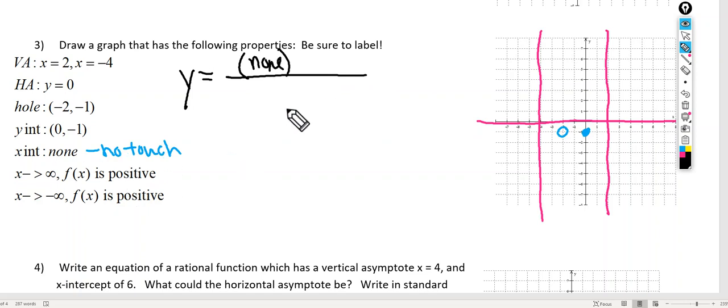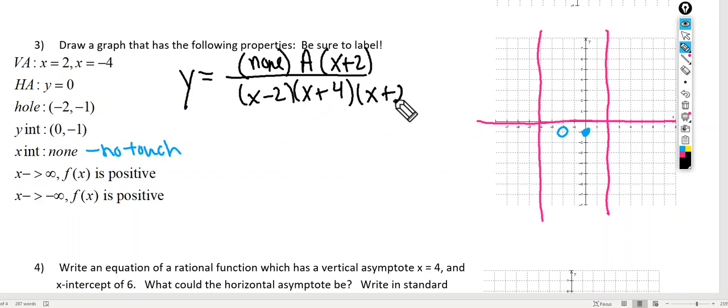There's no factors on the top, but maybe there's an a value, right, for a potential stretch. So now I'm going to add my factors. Okay, but there is a hole at x plus 2, so I better put that here. Okay. All right, there we go.